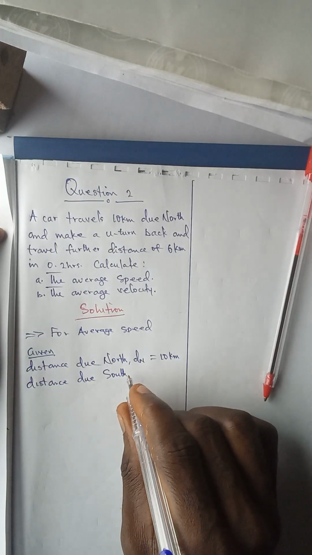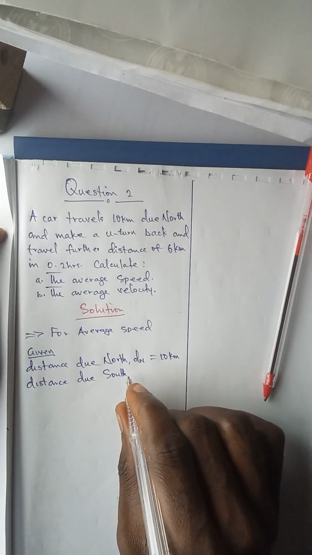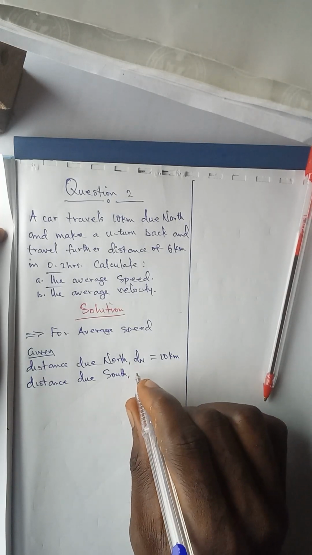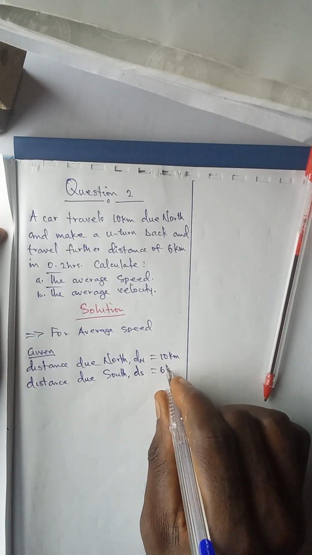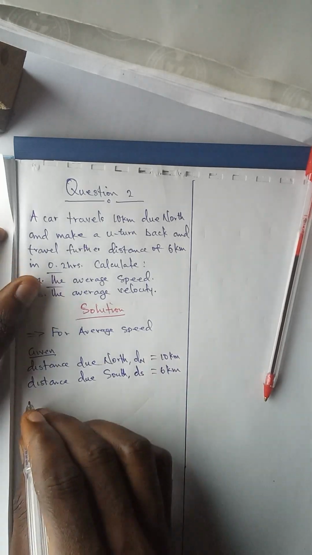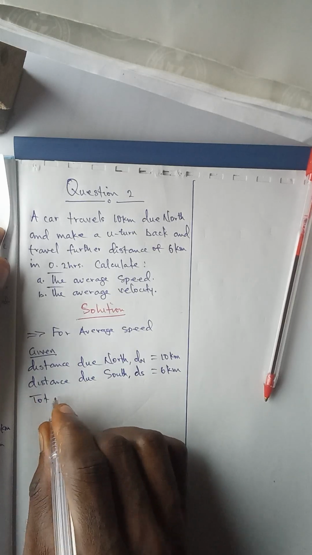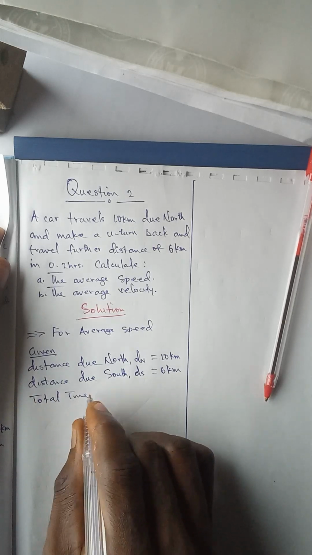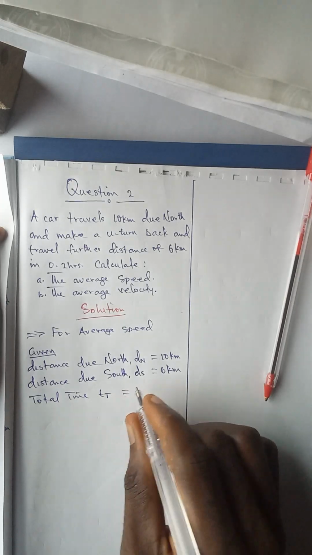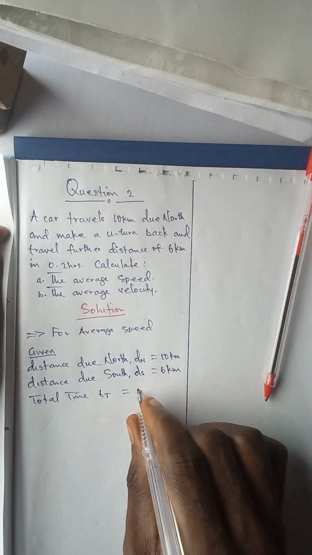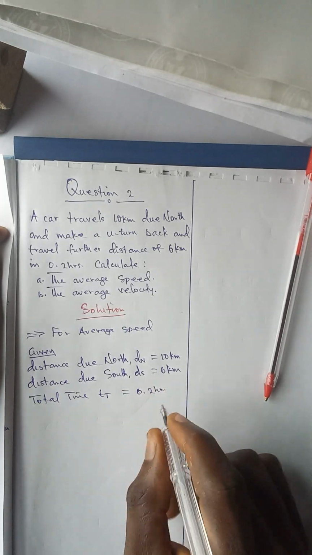So we can say that due south, ds, equals 6 kilometers. And then the total time given, t equals 0.2 hours.